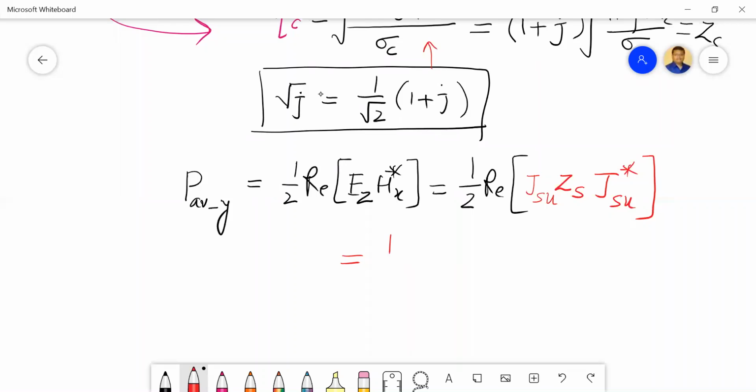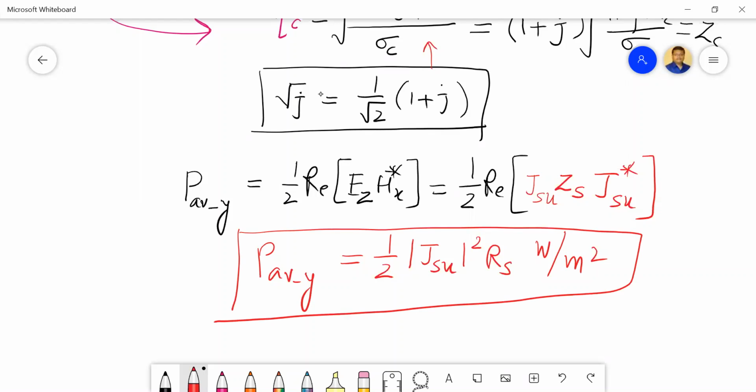Now, if you rewrite this further, you can write half mod of JSU whole squared times RS, watt per meter square. This is P average in y.